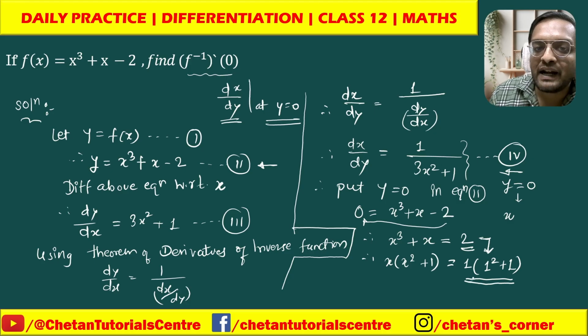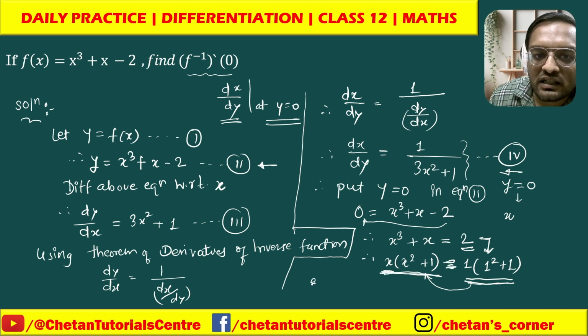Now what is the reason behind splitting this term this way? For that, just look at the left hand side of the equation. Here we have x, and then it is multiplied with x square plus 1, equating both sides. We will get x is equal to 1.